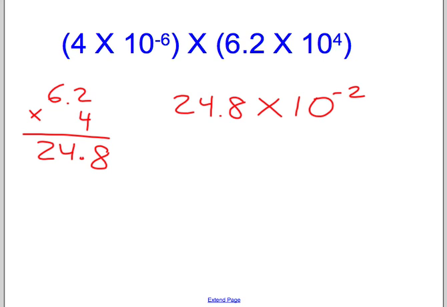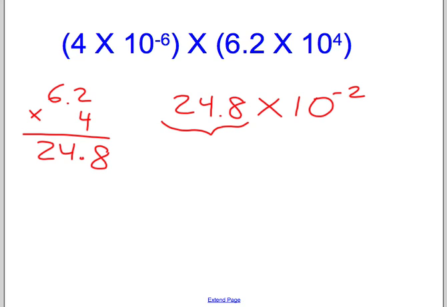Is this in true scientific notation form, Brittany? Looks like you shook your head no. No is correct. Why isn't it? The decimal is supposed to go right after the 2. So we can do this a couple different ways. I'm going to show you the technical way, and then you can take a shortcut if you want. We need to write this in proper scientific notation.